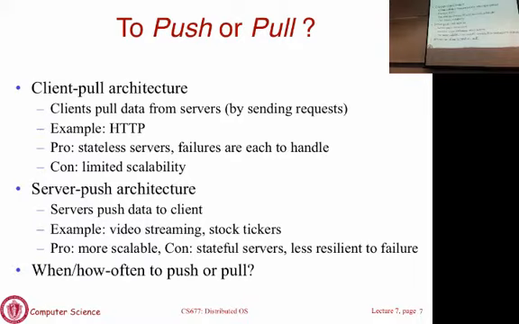In the server push architecture, there's only one initial request. And then the server is simply streaming the data to you. You're not making any more requests. So the request processing overhead is going to be less. There's still the overhead of sending data to the clients, and that overhead is not going to go away.